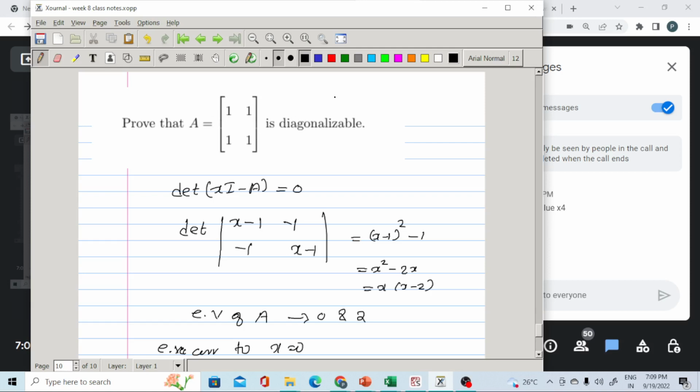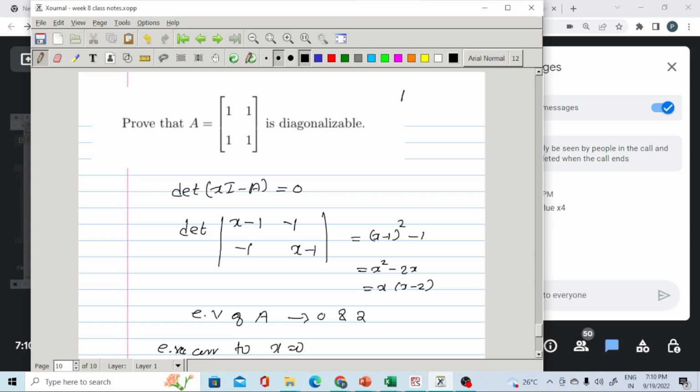Corresponding to each eigenvalue, we have an eigenvector, so altogether we have two eigenvectors which are linearly independent, right? So that means it is diagonalizable. This 2 is the dimension of A, right? In that case, we can say.